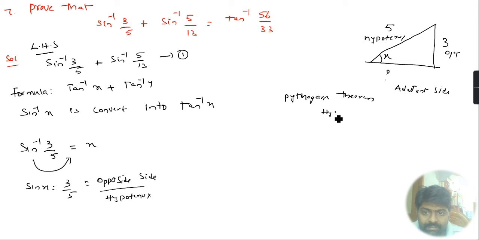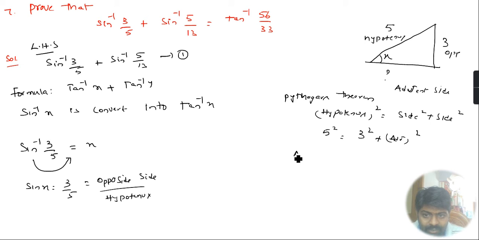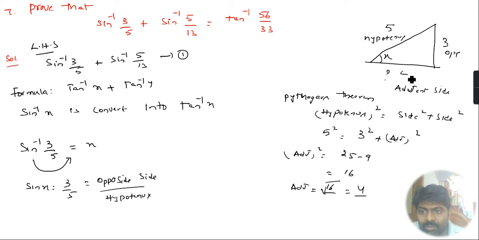Hypotenuse square is equal to side square plus side square. So 5 square is equal to 3 square plus adjacent square. Therefore, adjacent square is equal to 25 minus 9, that is 16. So the adjacent side is root 16, nothing but 4.